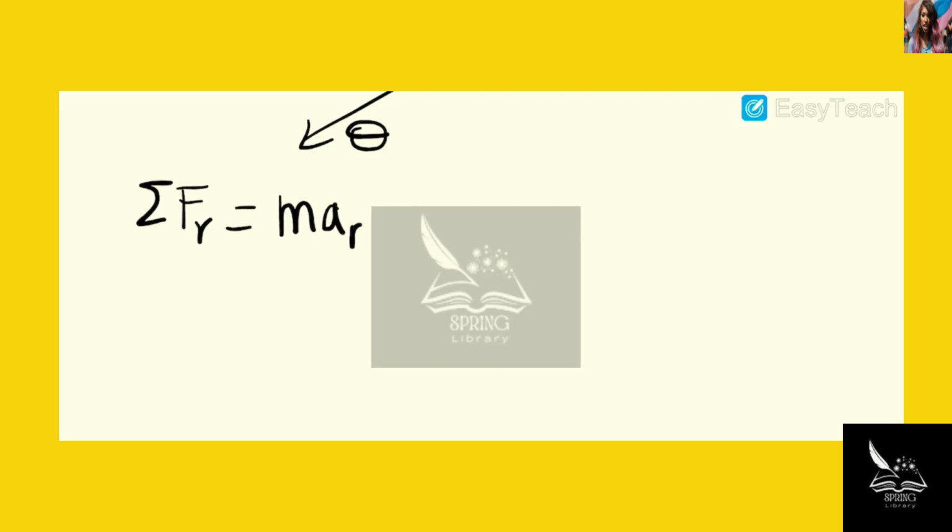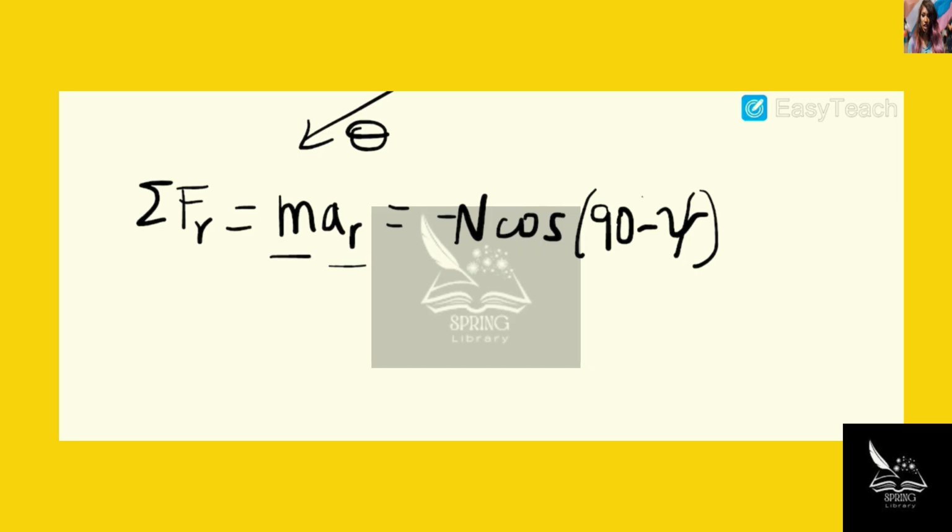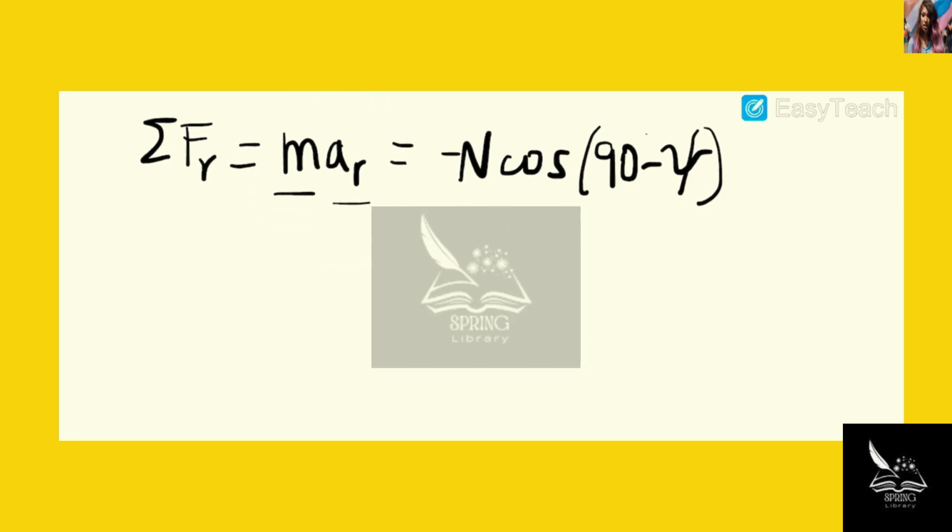So applying Newton's second law, we see that the net force in the radial direction, which is equal to m times acceleration in r, is going to be equal to negative N times cos of 90 minus psi. We can go ahead and plug in for m and a_r. We know the weight, which is equal to 0.75 pounds.